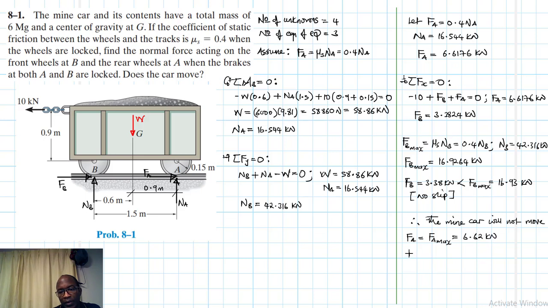All right, FB is equal to 3.38 kilonewtons and is less than FB max, okay, which is equal to 16.93 kilonewtons.